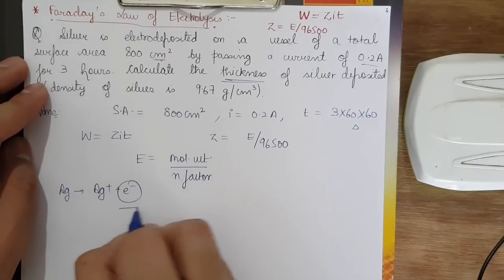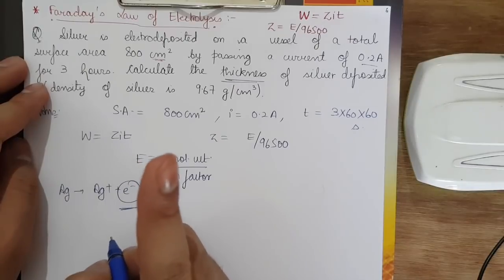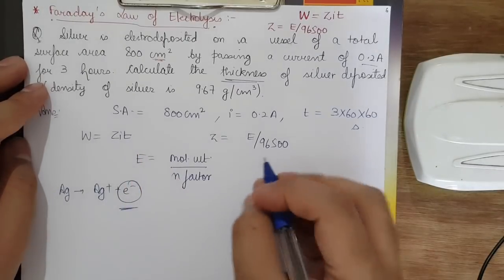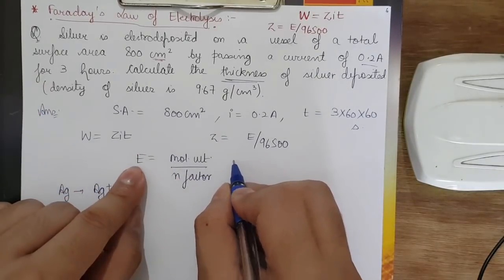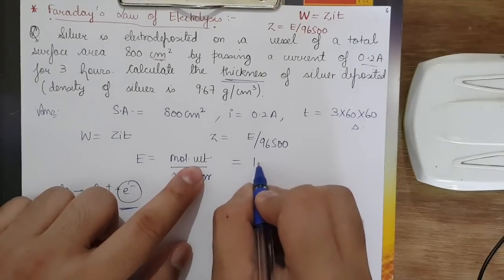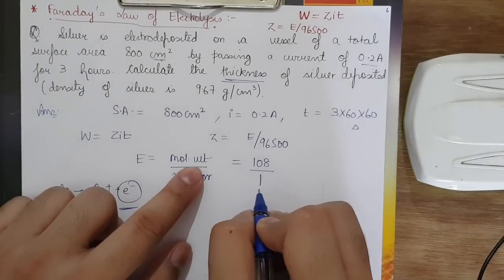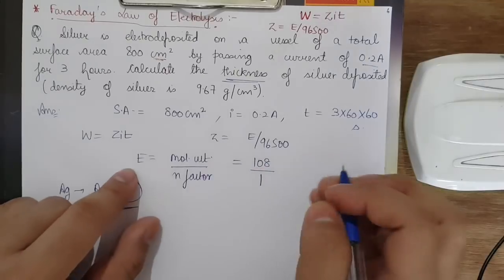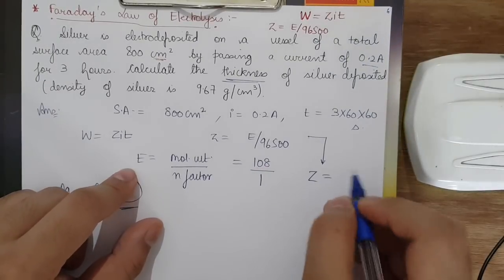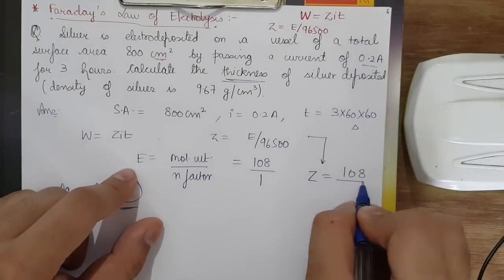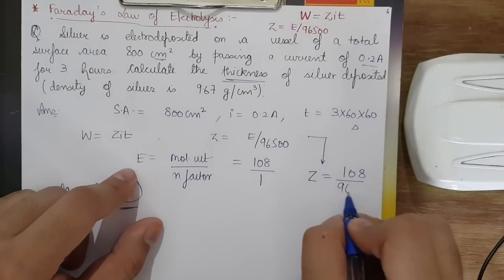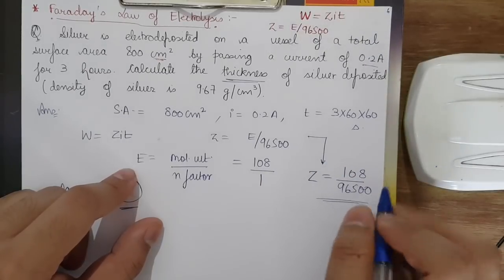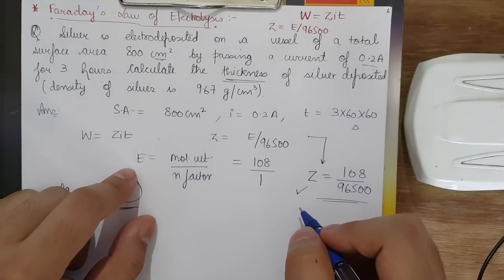But the n factor would be equal to 1 because only one electron is involved. So the equivalent weight is equal to the molecular weight of silver, which is 108 upon 1. So E is equal to 108. So the value of Z comes out to be 108 upon 1 whole upon 96500.